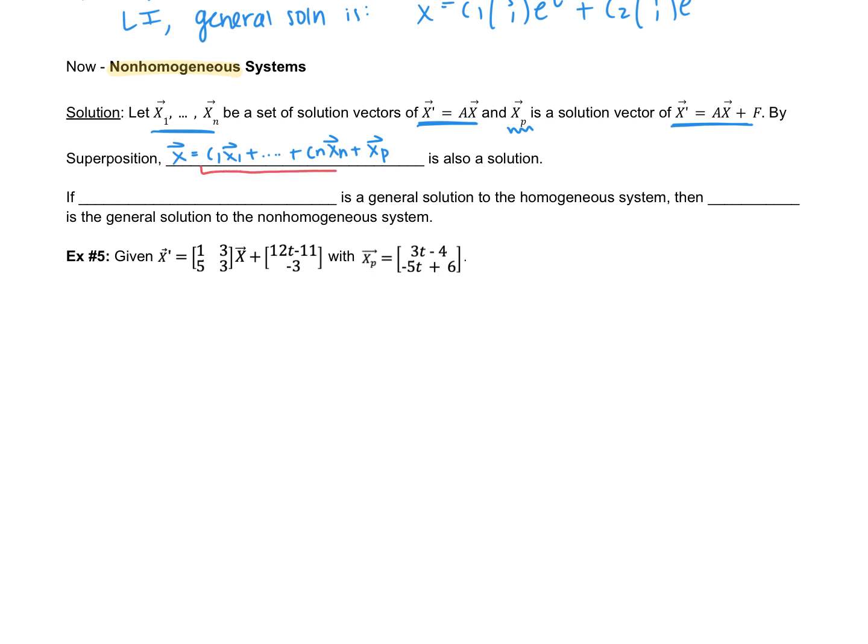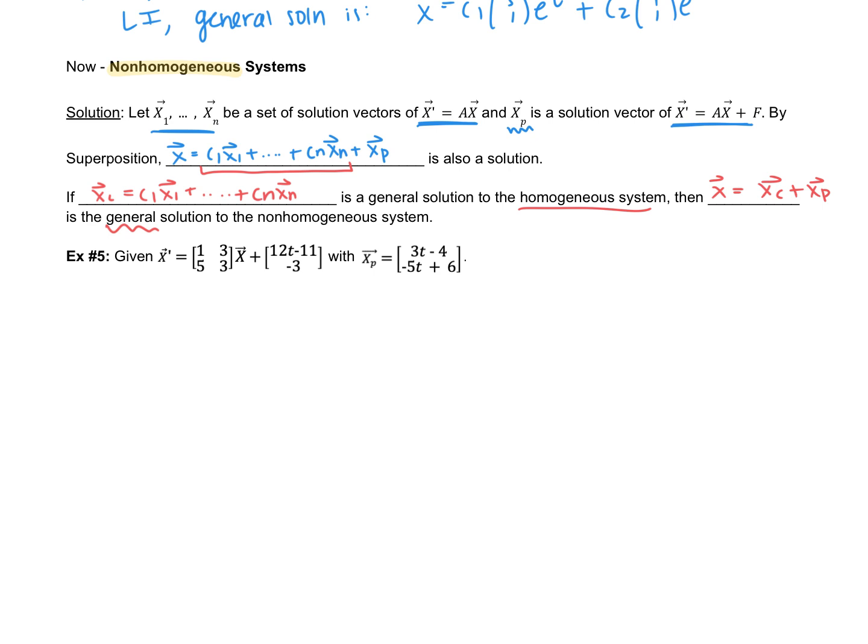This part right here, we've called xc, the complementary solution. So that's just the c1 x1, all the way up to cn xn. So if that is a general solution to the homogeneous system, then that x, which is xc add xp, is the general solution to the non-homogeneous system.